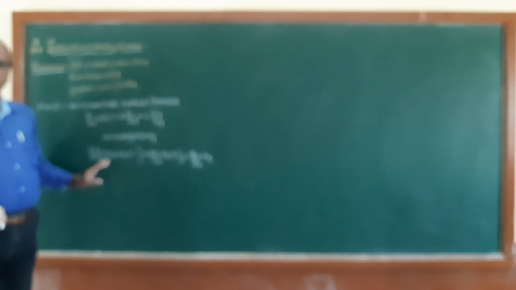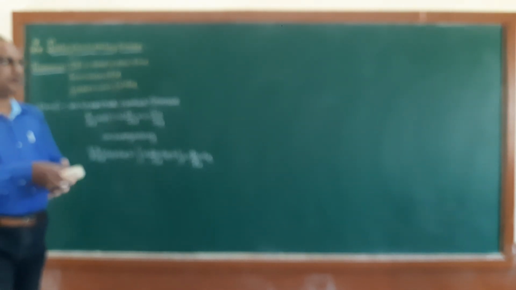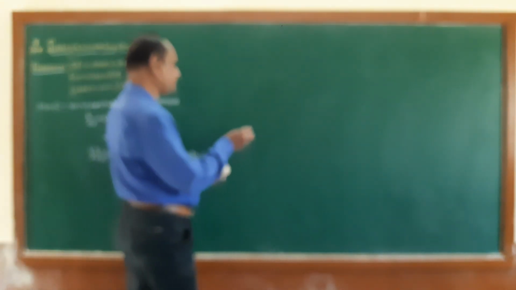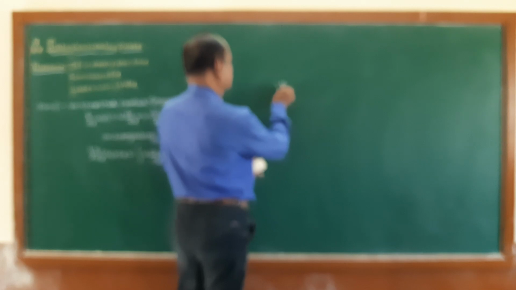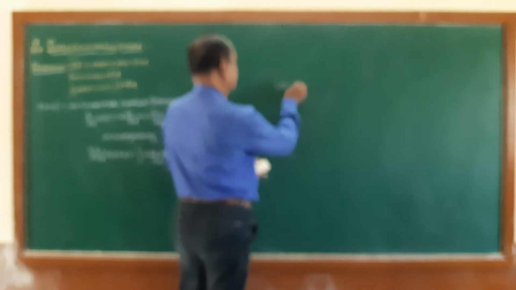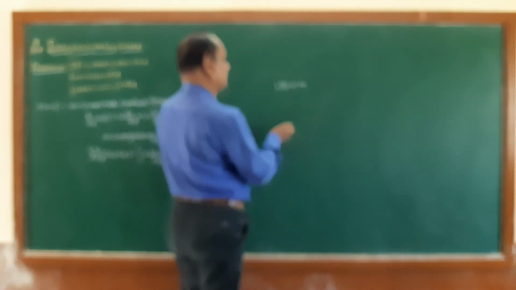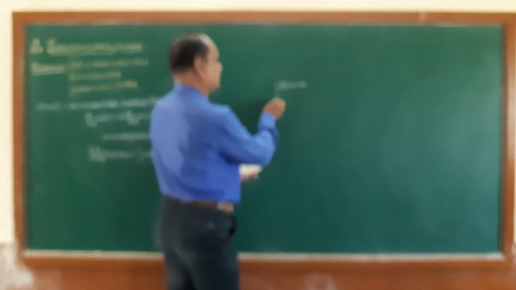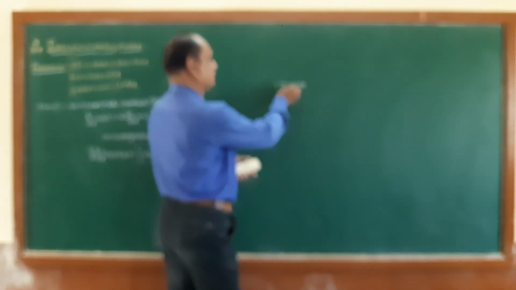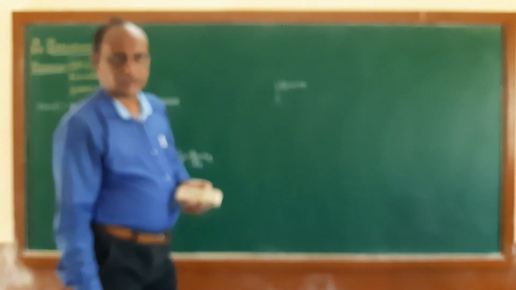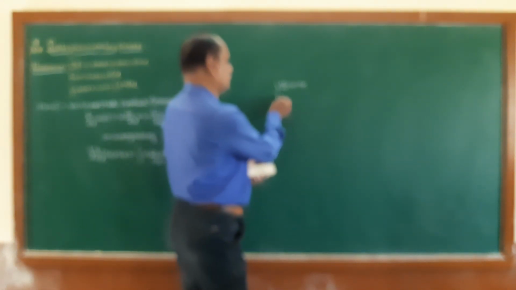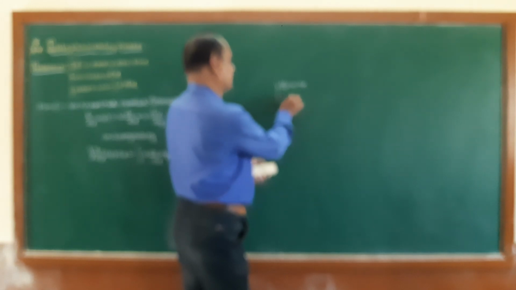I want to give one general example. So the integral of d by dx of simply x with respect to x. First, the derivative d by dx of x is 1 into dx, then integrate 1.